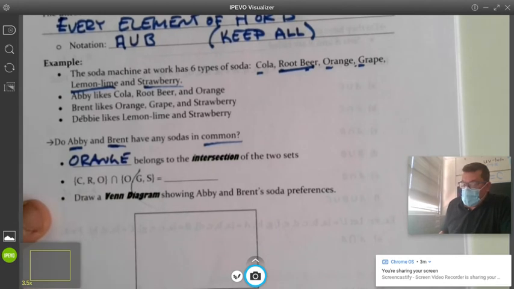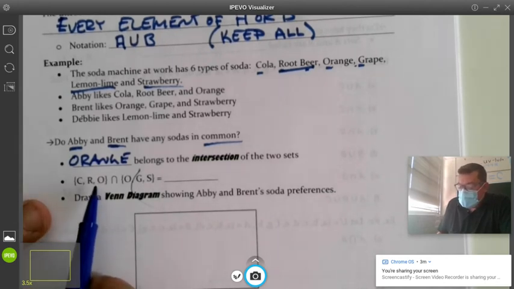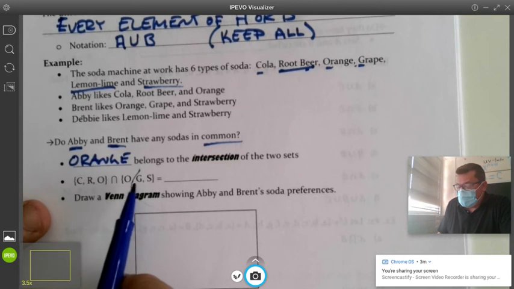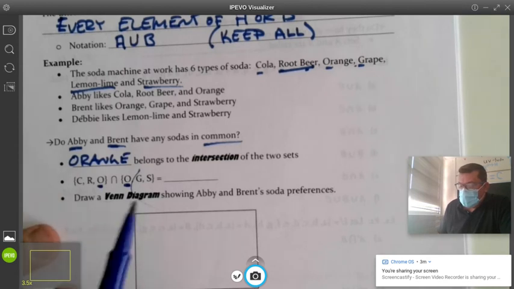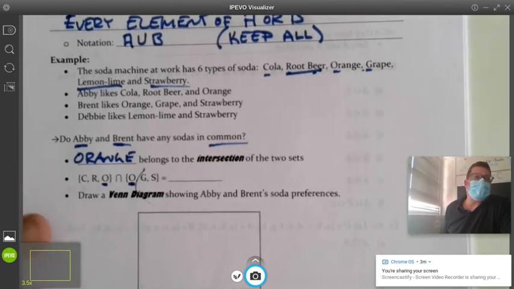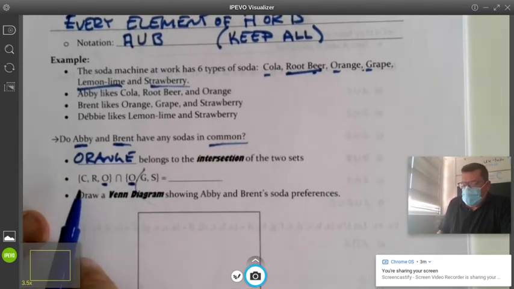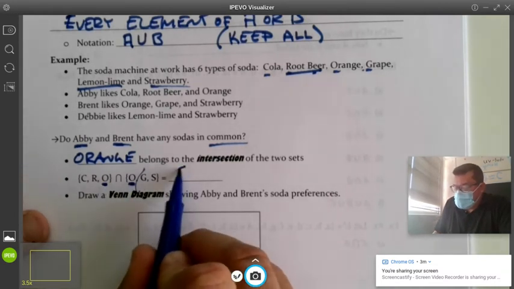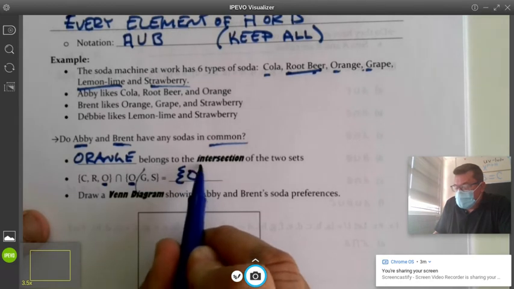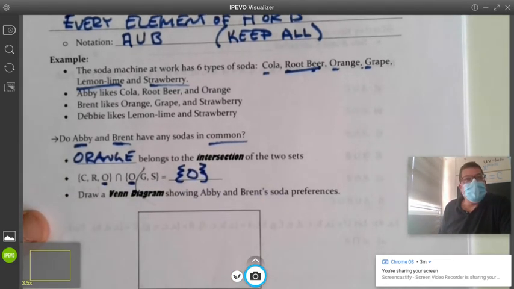So, orange is the intersection of Abby and Brent. They share these. With the intersection, this upside down U, you only keep what they have in common. You only keep where this set overlaps with this set, the set that contains orange. And you're done.